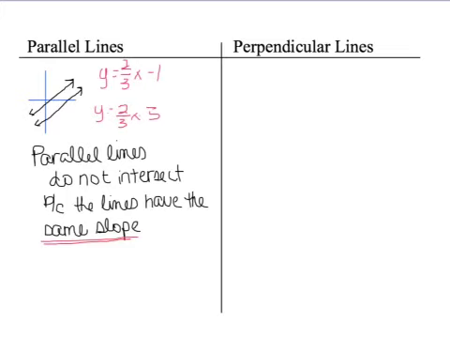Now, perpendicular lines then, they do intersect. And they intersect in a specific way. Perpendicular lines intersect to form four right angles.